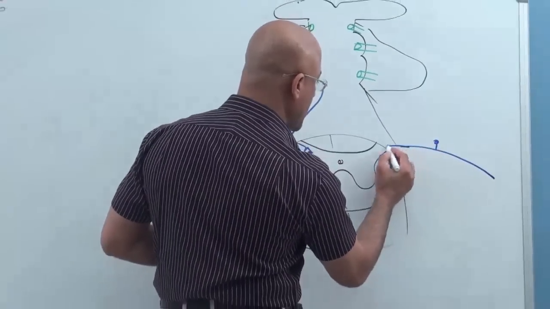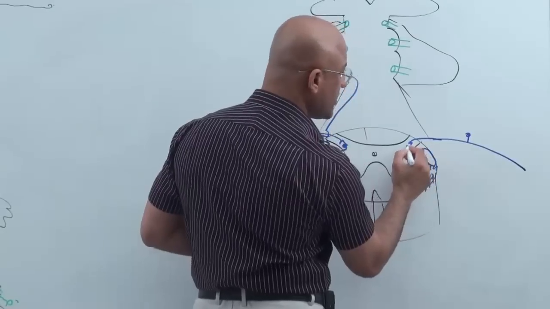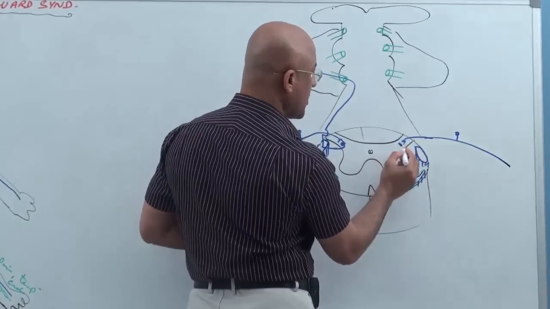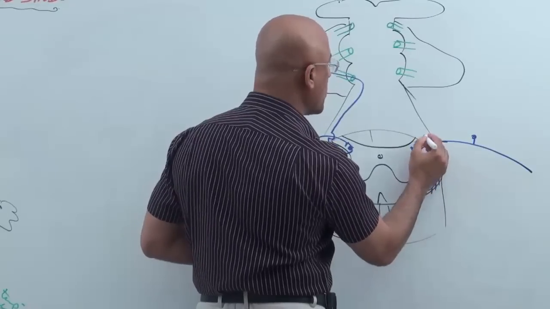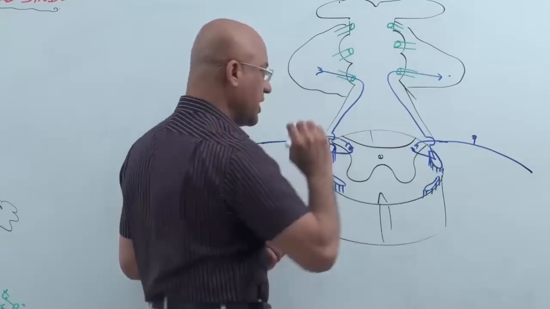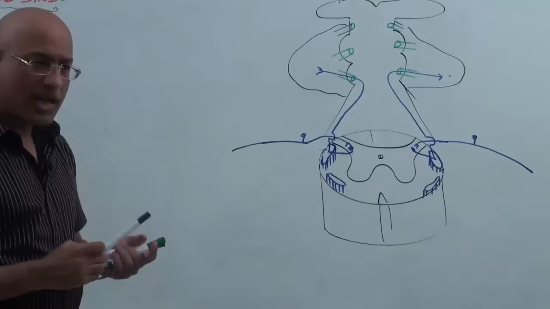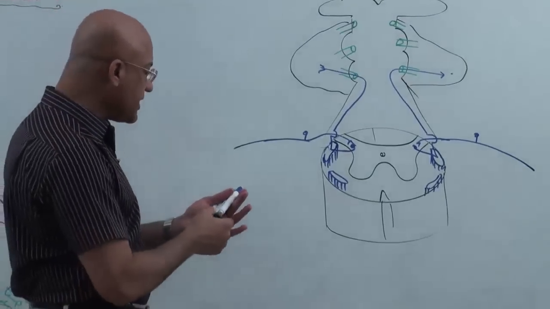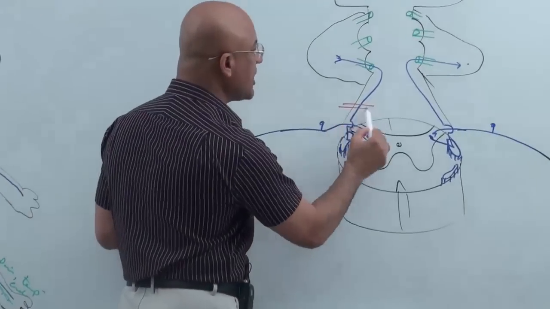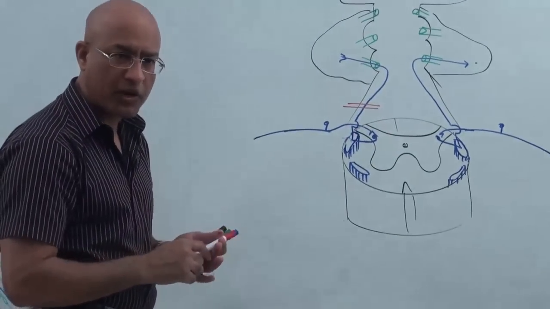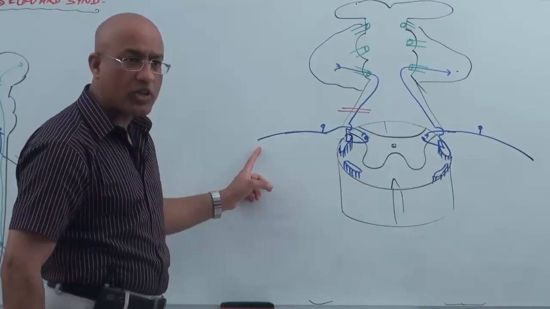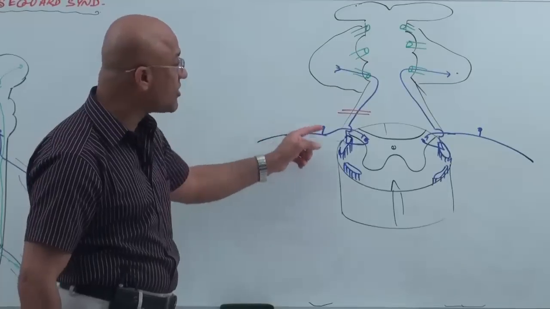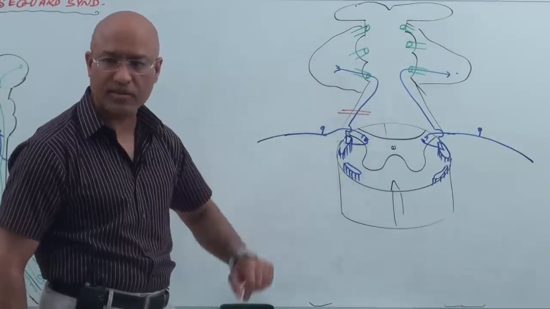From here, dorsal column, right? Dorsal, and these fibers will also go upward, but they will go ipsilaterally. Am I clear? And now, if in the transection, this dorsal spinocerebellar tract is damaged, then it means unconscious proprioception from ipsilateral side, which was going to cerebellum, is lost.